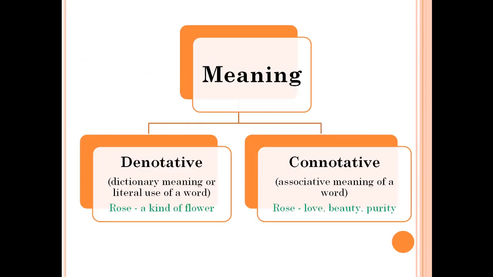Now, as semantics is the study of meaning, there are two kinds of meaning: denotative meaning and connotative meaning. Now, which meaning is important to a linguist? Denotative meaning or connotative meaning?